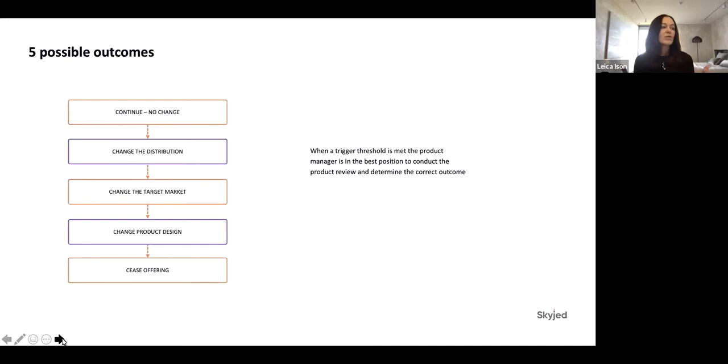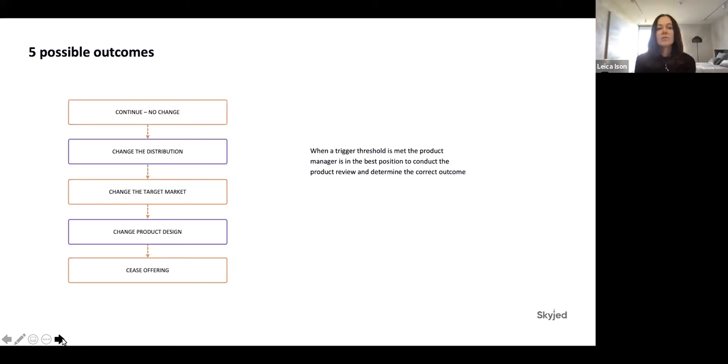So if I've launched a product, I've set that target market, I've set my review triggers, I've received a notification in my digital tool that I've hit a review trigger, what I really need to do as a strategic product leader is go through and complete a review of my product. I mean, look at that product strategy, how I'm differentiating the product, but then make one of these decisions.